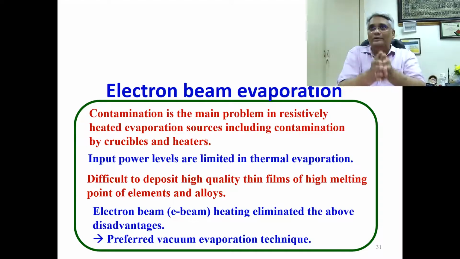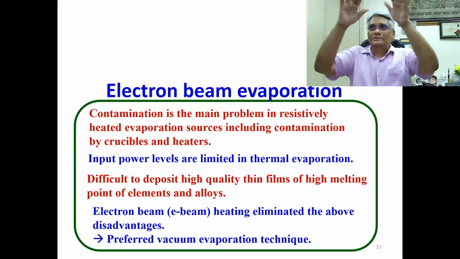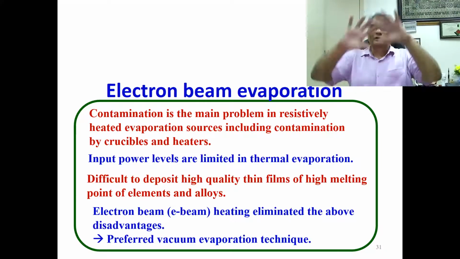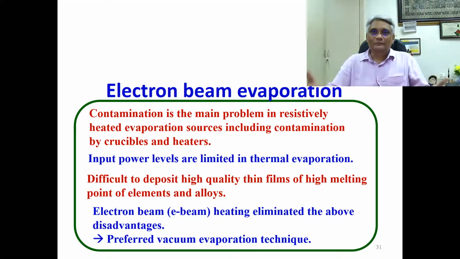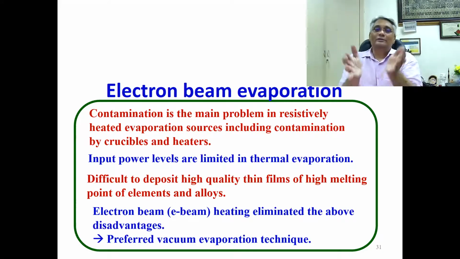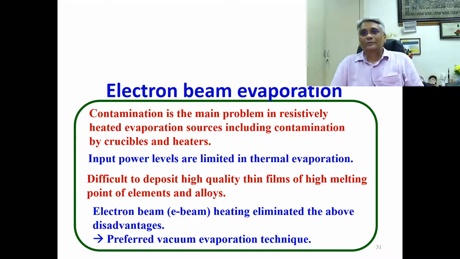So this requires a lot of energy, and so they're all spread in all directions. They coat the substrate, but the entire interior of your chamber also. So the theory says that if you have a point source, you'll have highly directed evaporated species. The evaporation will be highly directional.